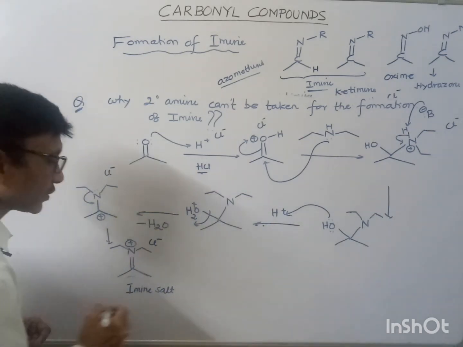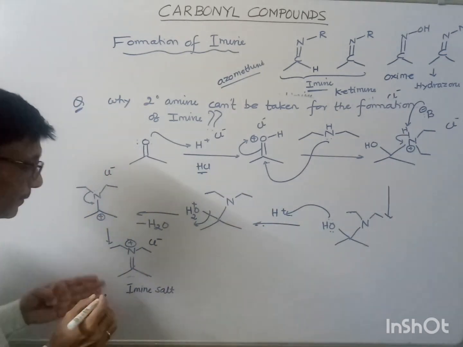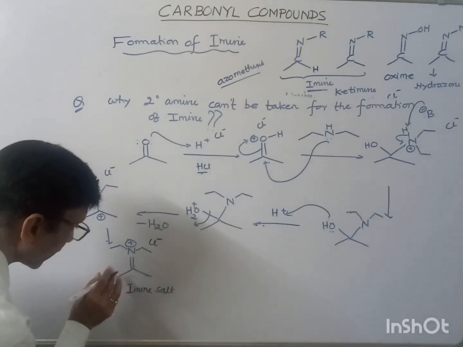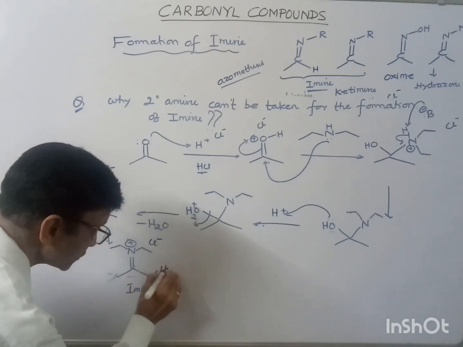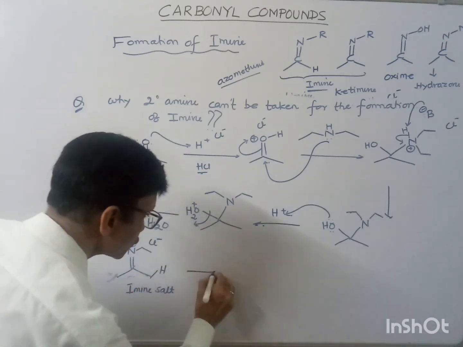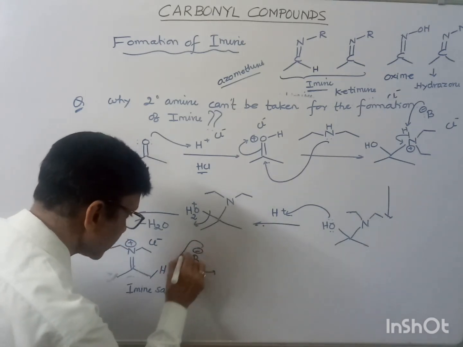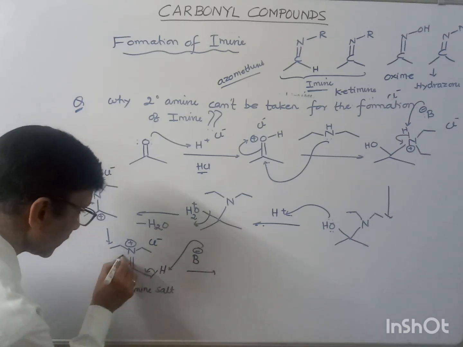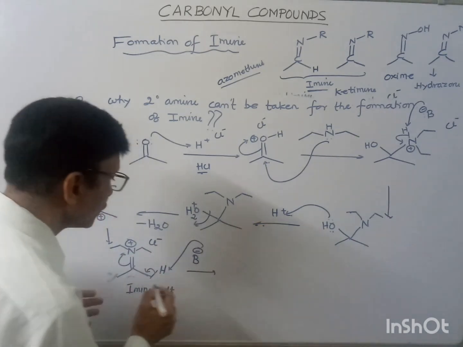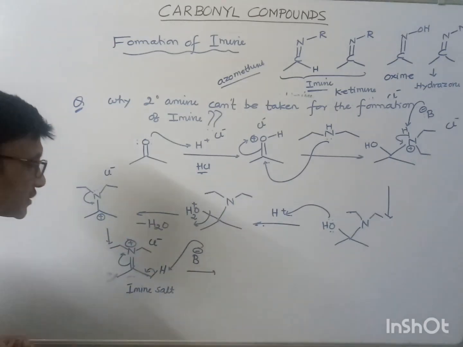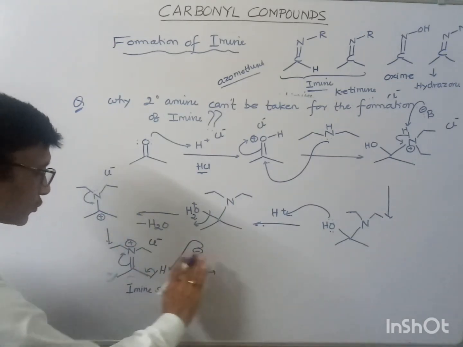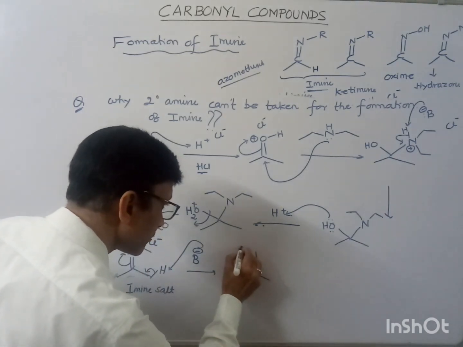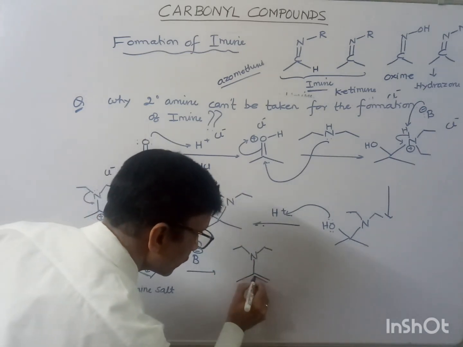Now in the next step, suppose we have a base, then this base can also take this hydrogen. Suppose one acidic hydrogen is present over here. The base may take this acidic hydrogen, and the bond will come over here, the positive charge is neutralized, HCl comes out, and here it is converted into N with a double bond coming over here.